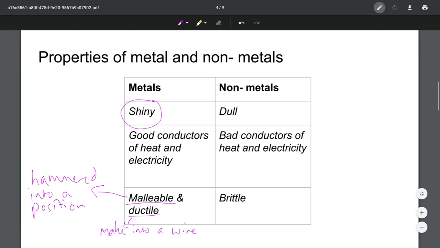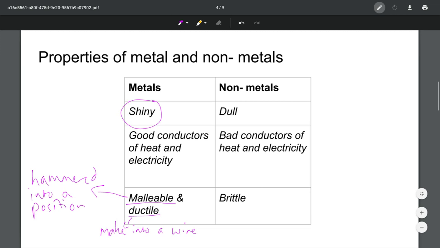So if you think about your phone charger, inside of the plastic, you will have probably copper wire, and copper is able to be made into a wire because it is very ductile. It can string out to very thin without breaking. Why is that in your phone charger? Because it's a good conductor of electricity. So you can get the electricity from the socket on the wall into your phone.